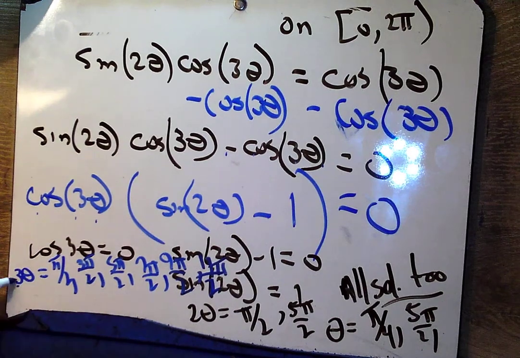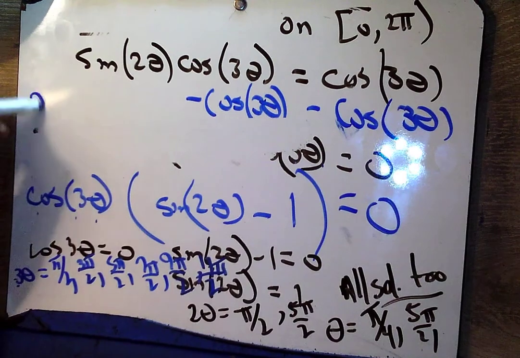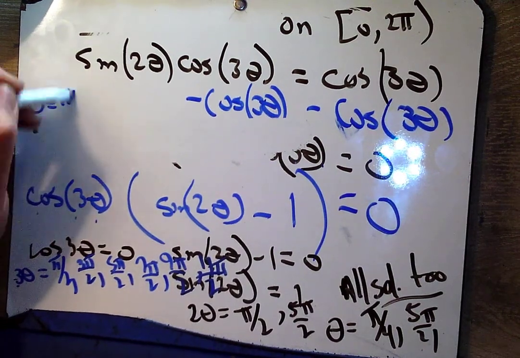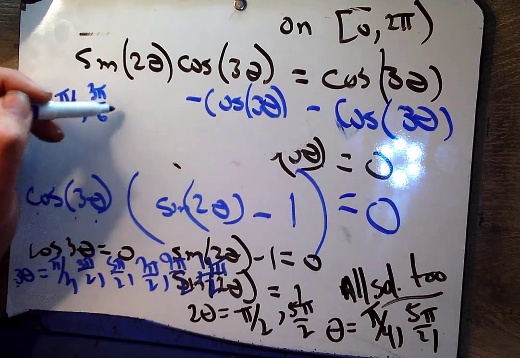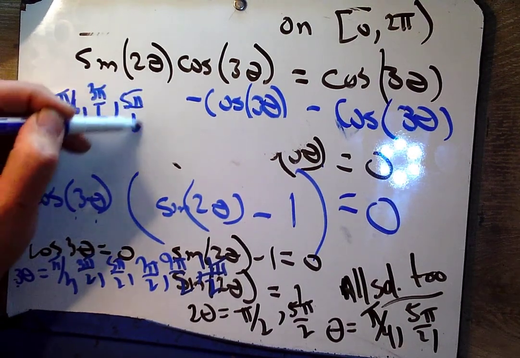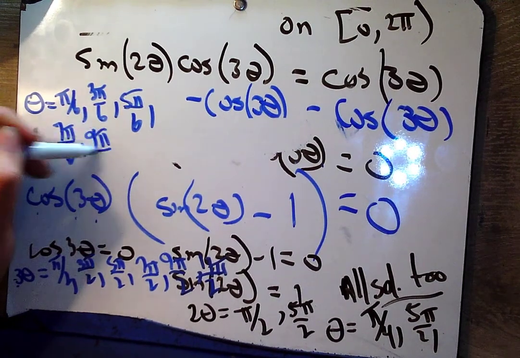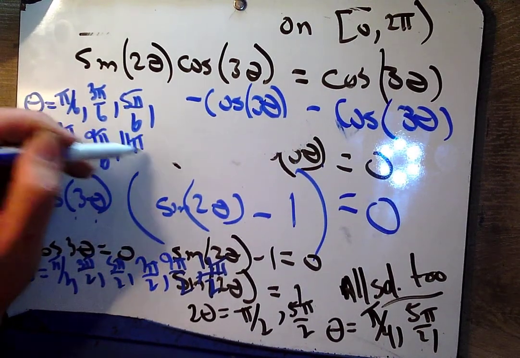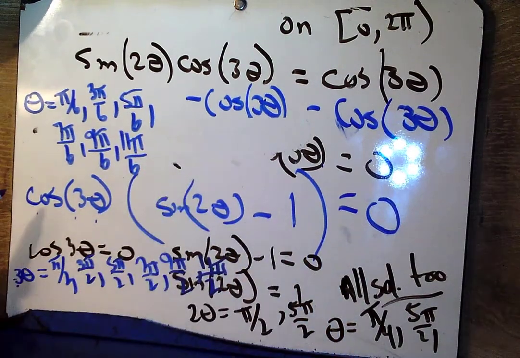And divide everywhere by 3. So I end up with theta equals pi over 6, 3 pi over 6, 5 pi over 6, 7 pi over 6, 9 pi over 6, and 11 pi over 6. 12 pi over 6 would be 2 pi, so we're inside that boundary.